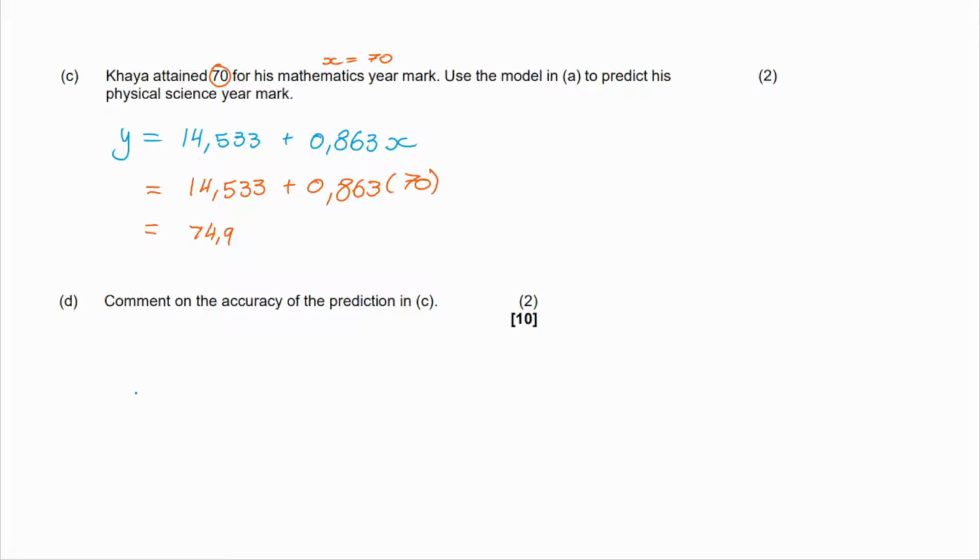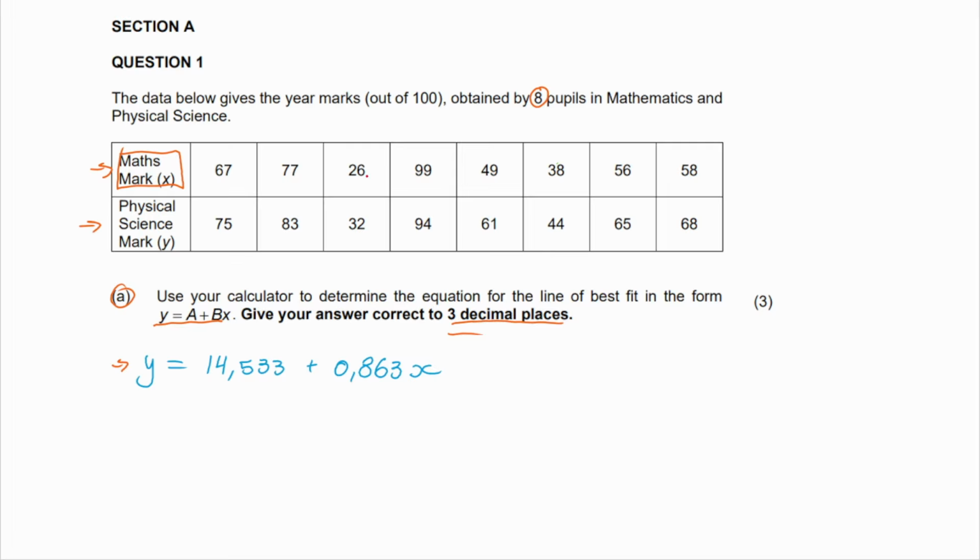Okay. And now they say comment on the accuracy of our prediction. All right, so you can say three things here. Firstly, let's have a look. Our x is 70. Let's look at our data. You can see the minimum is 26 and the max is 99. So the data goes from 26 to 99, and we chose 70.